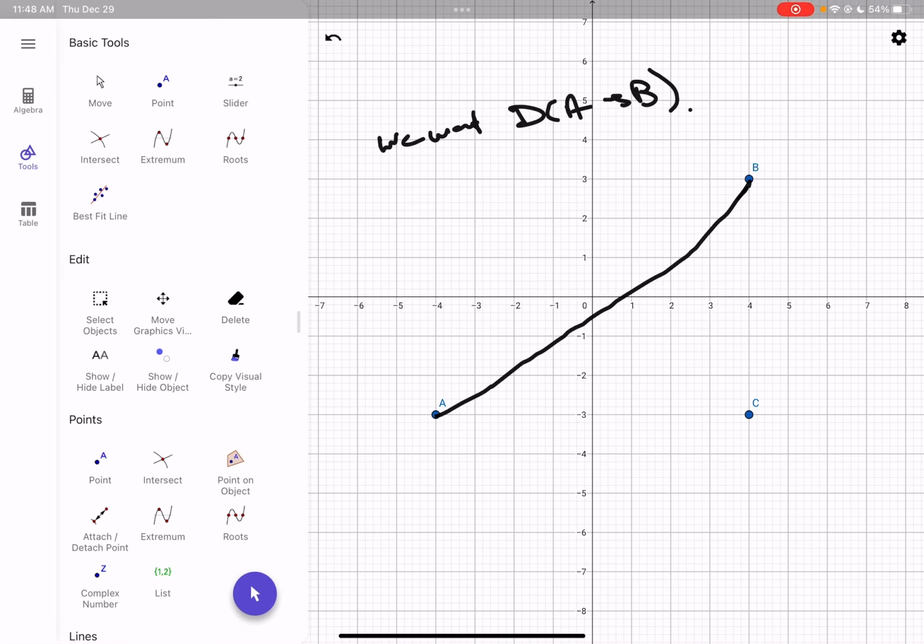I want that shortest distance between those 2 points. You'll also notice that I've also plotted a point C over here. We'll get to that in a moment. The coordinates for A are -4, -3, and for B, it's 4, 3.